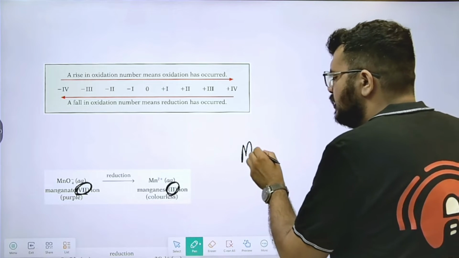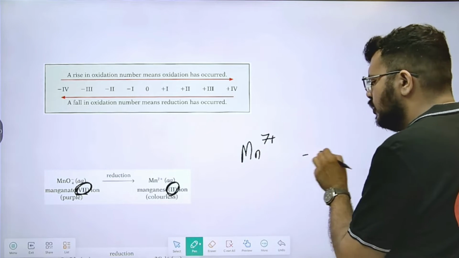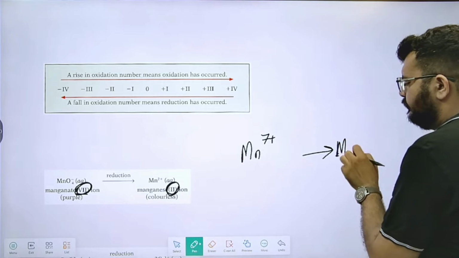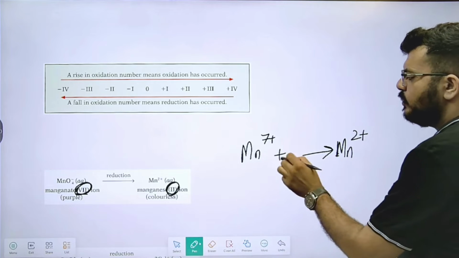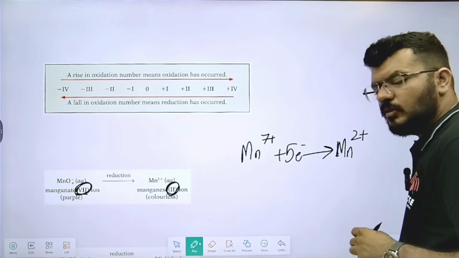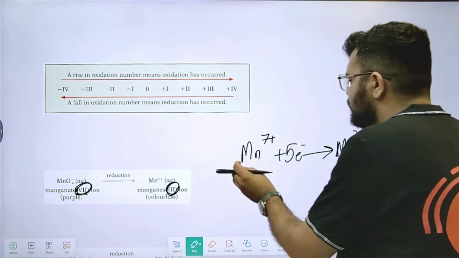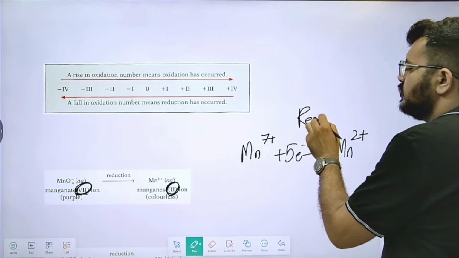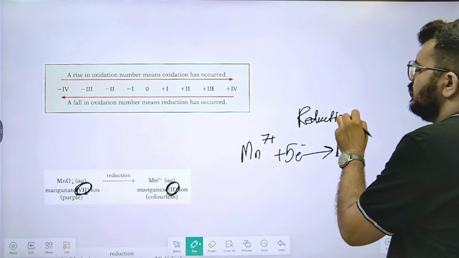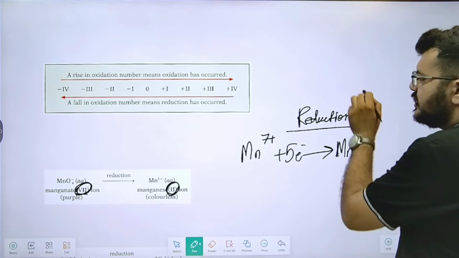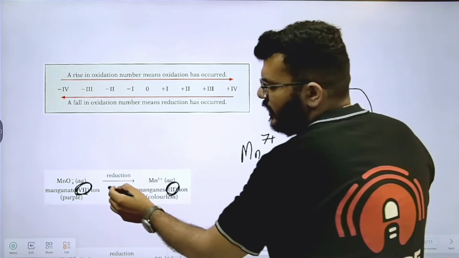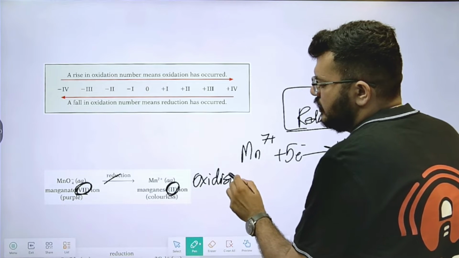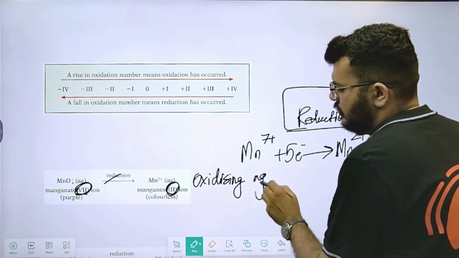Now for manganese to go from 7 plus to 2 plus, it needs to accept 5 electrons. Only then this can happen. Acceptance or gaining of electron is reduction, so if it itself gets reduced, this is a very good oxidizing agent.